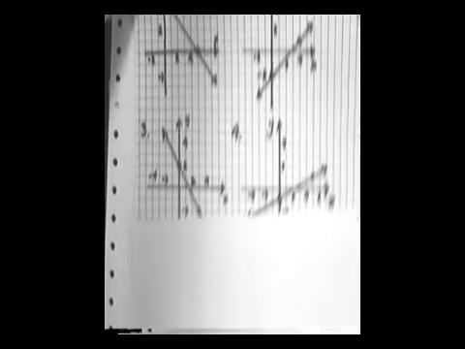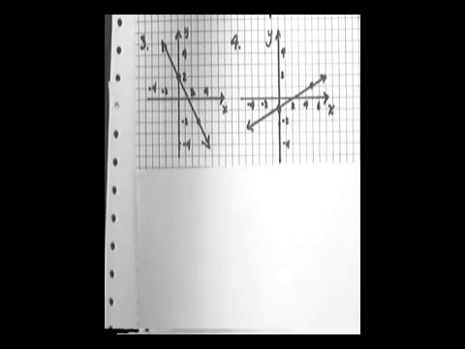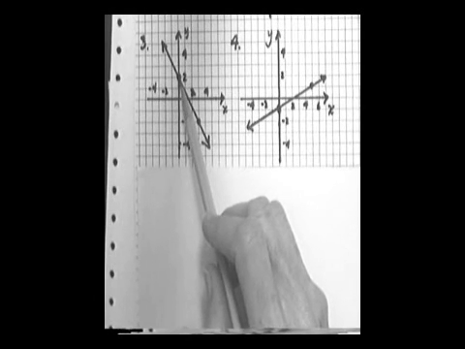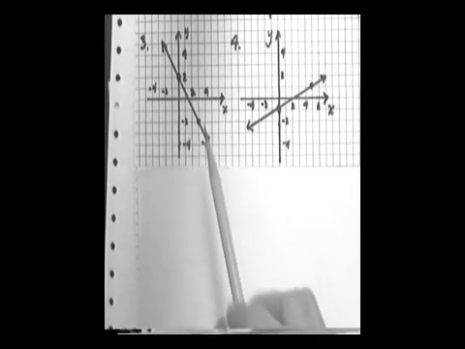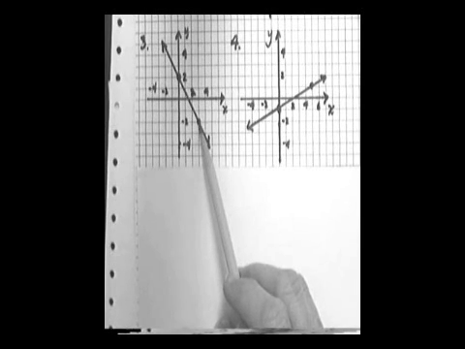For exercise 3, your graph should cross the y-axis where y is 2. It should also go through the point 3, -2.